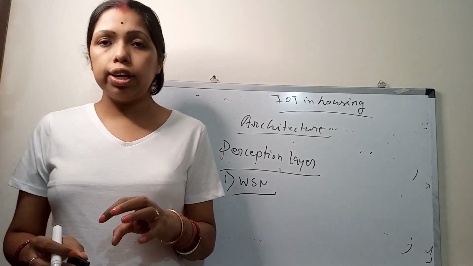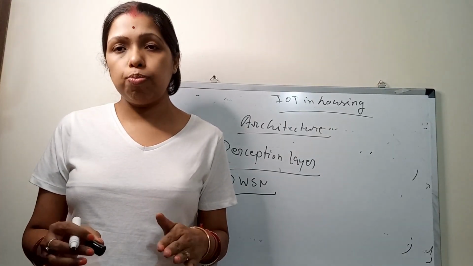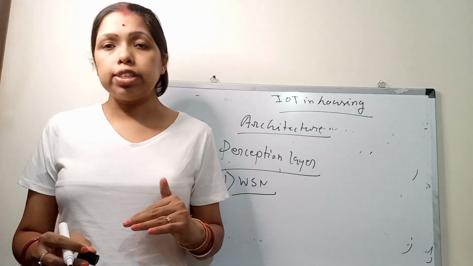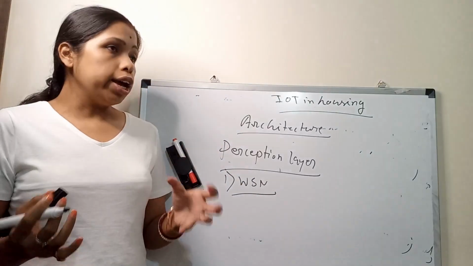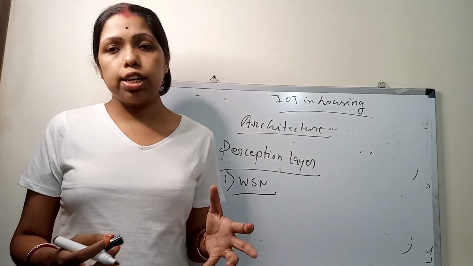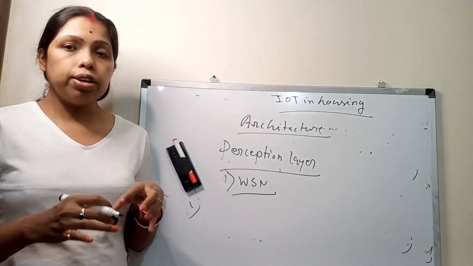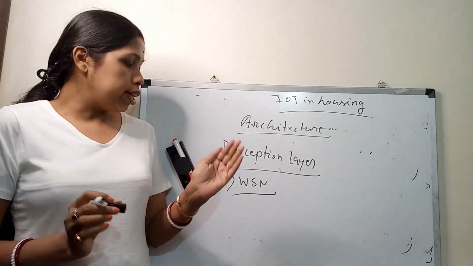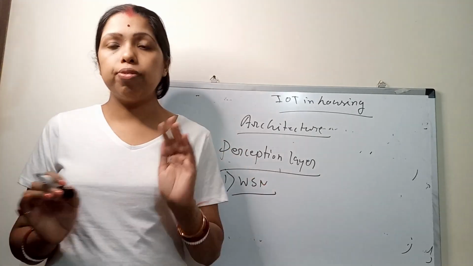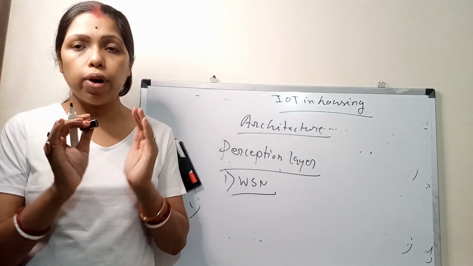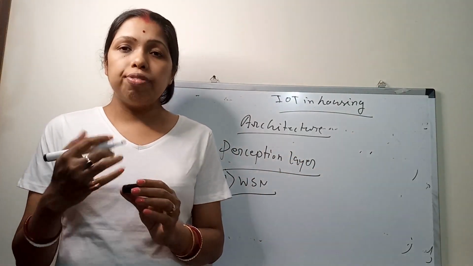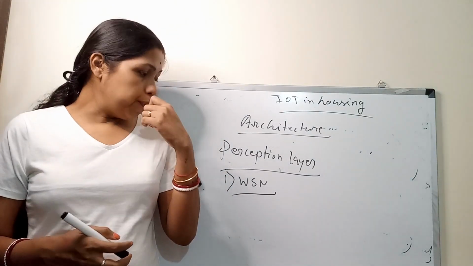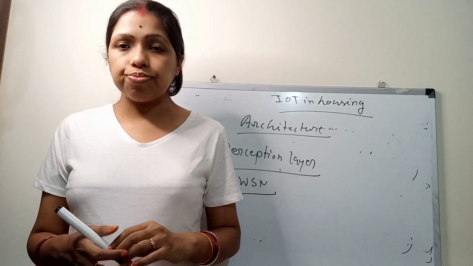When we want to detect different kinds of parameters related to the environment and video surveillance, each different kind of sensor can be integrated through a network into one component. That is called the wireless sensor network. Different kinds of sensors can be connected in one component through different wireless nodes. So this is about the wireless sensor network.